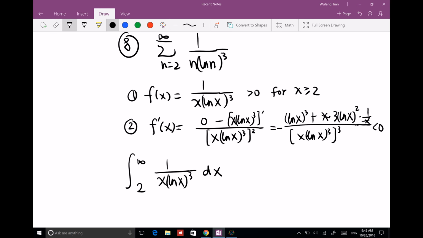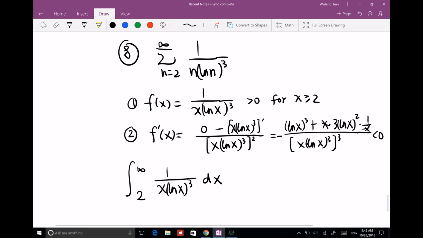Then you take the derivative of this one. You can use the quotient rule or the product rule. With the quotient rule, the derivative of u over v is (u prime v minus u v prime) over v squared. u prime is the derivative of 1, which is 0, so it's 0 minus the derivative of this one.